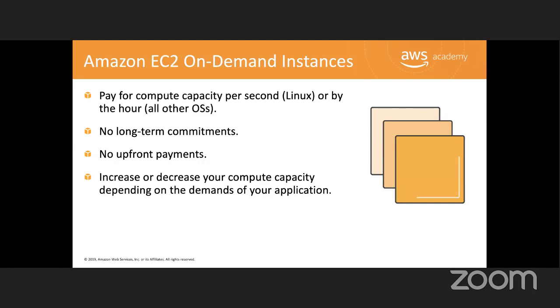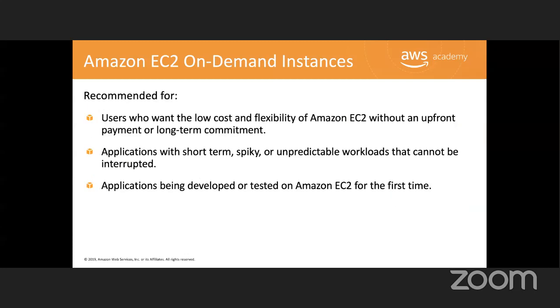The only one that takes upfront payments, which are optional as well, is reserved instances. So you can go all upfront, partial upfront, or no upfront. You increase or decrease your compute capacity depending on the demands of your application, and then you'll see auto scaling is going to be there to match up the supply and demand.